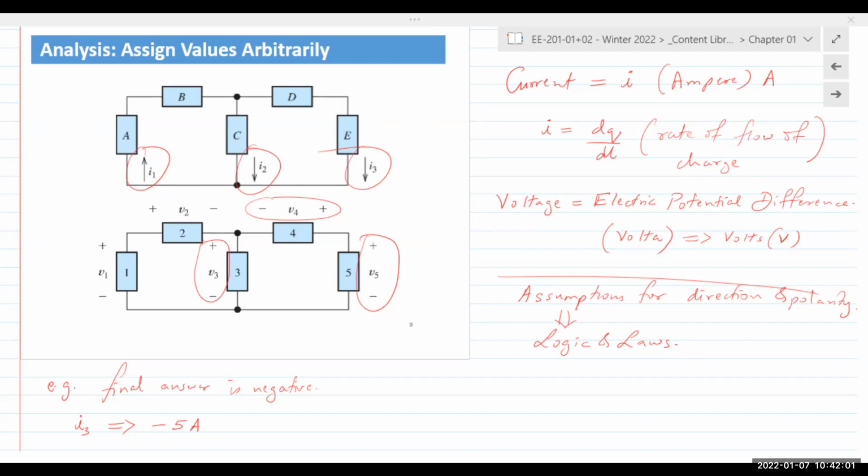Like if you're applying KCL or KVL at this point and you choose I3 as going down, now if you apply KCL at that point, you cannot change the direction of I3. If you choose a direction or polarity of I3 at the beginning, then you stick with that assumption until the end of your analysis. So you have to stay consistent for the entire problem. You cannot change your assumptions midway through your solution, right? So as long as you're consistent, you'll always end up with the right answer.